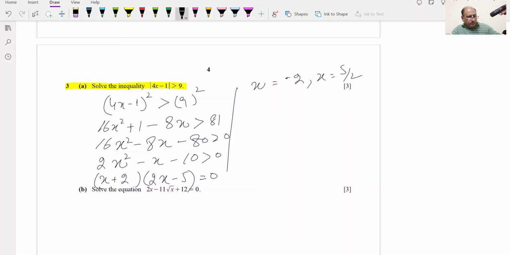Now to check for the inequality sign, we can roughly sketch the graph like over here.